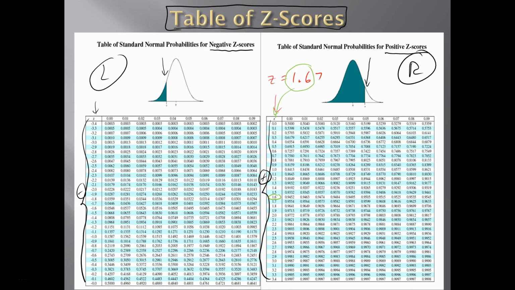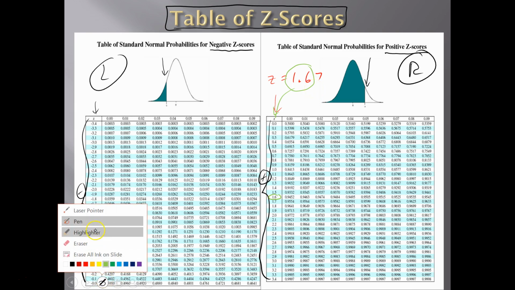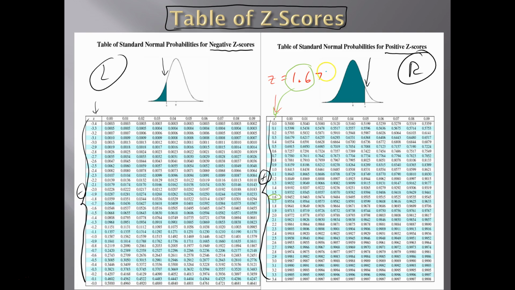So there's the 6, then the 7. So the 7 is actually 2 after the decimal place. So I'm going to find where there is a 7 that's 2 after the decimal place. So let's find that now at the top here. There's 0.00, 0.01, 02, 03, 04, 05, 06, 07 is right there. So that's where that comes from.